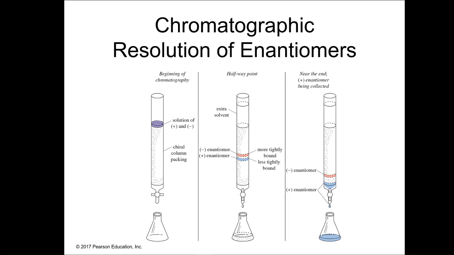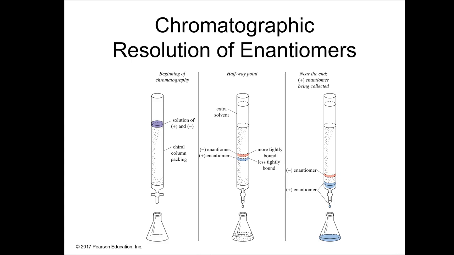And so if you have a chiral compound and a chiral column, you can actually separate out the positive and negative enantiomers because one will run faster than the other. The similar enantiomer will run through fast, and the opposite enantiomer will take more time. So you can actually separate enantiomers on a column, but it's not easy.